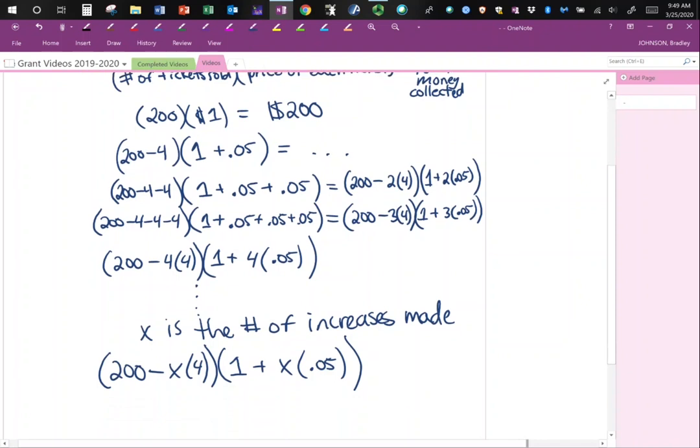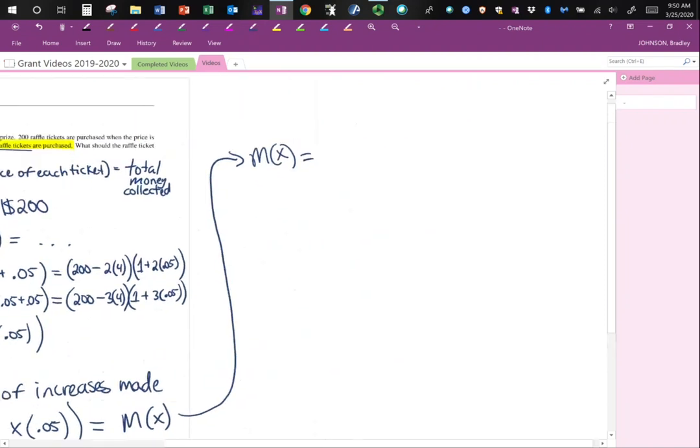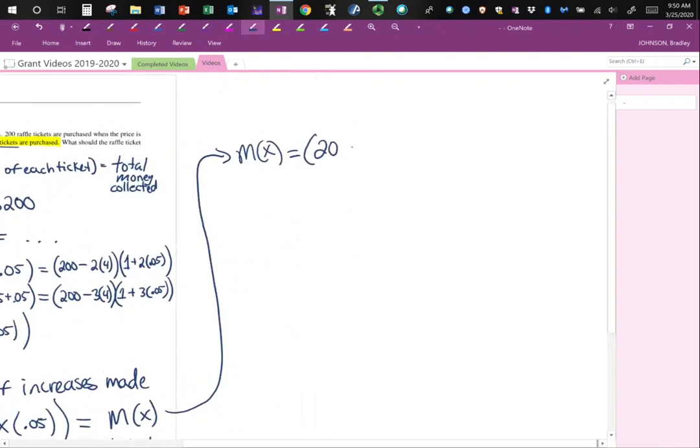And this actually creates some equation. Let's just call it M of X, and this will be total money collected. M for money. Now let's write this a little bit nicer over here. M of x equals 200 minus 4x, and then will be multiplied by 1 plus 0.05x.